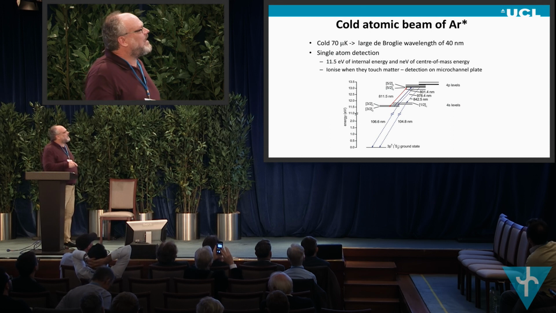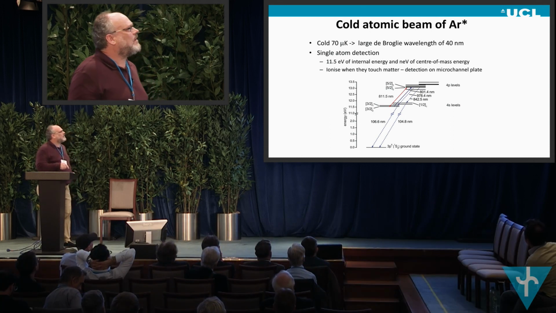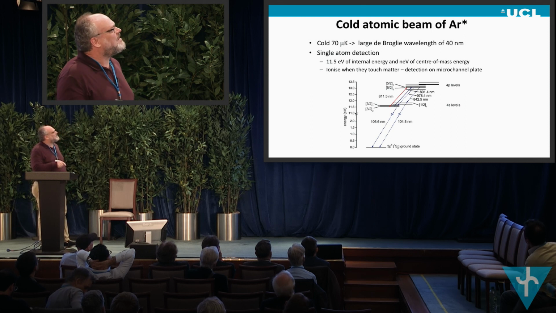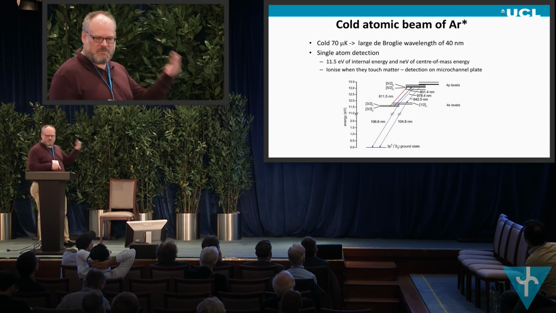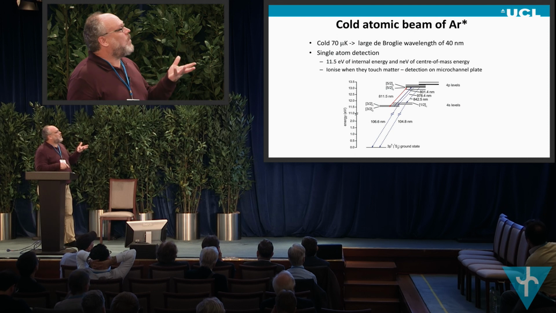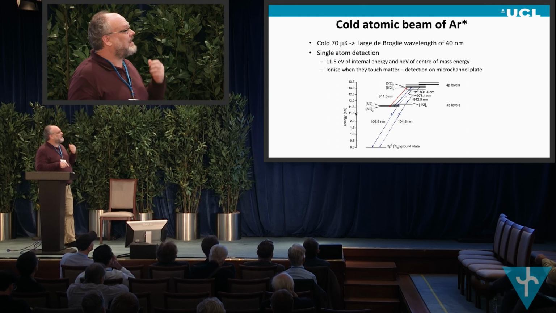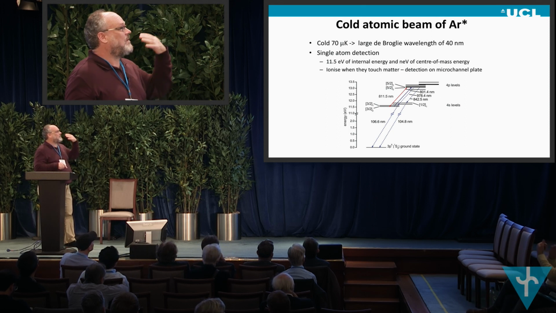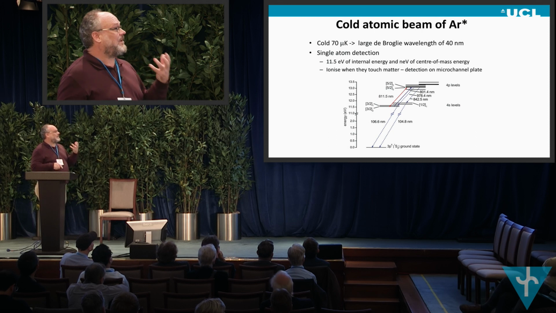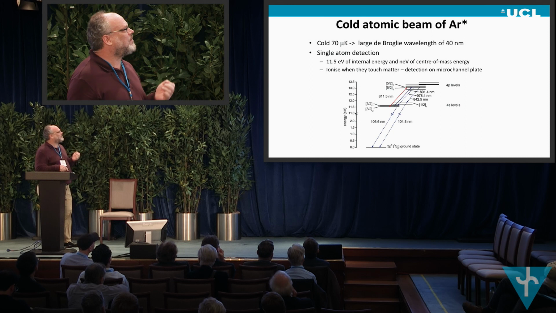So we have a cold, stationary ensemble of these atoms to start with, on the order of 70 microkelvin and with a fairly large de Broglie wavelength, which I think is good for interferometry. The reason why we use metastable argon is because these atoms are sitting in a very excited state. They're actually 11 eV above the ground state, so they have a lot of energy, and this is what makes them so detectable for us when we drop them on the microchannel plate.